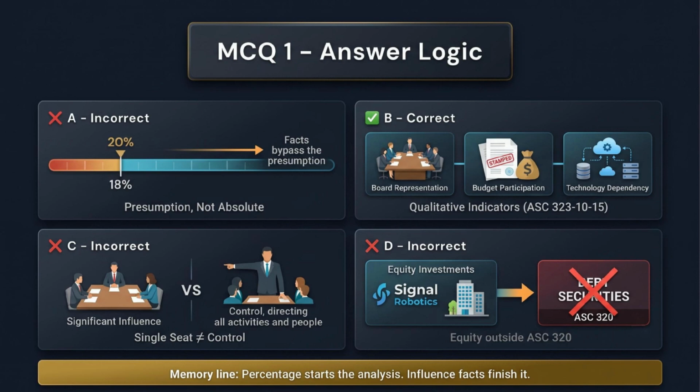Option C is wrong because a single board seat does not equal control under ASC 810. Option D is wrong because ASC 320 applies to debt securities, not this equity investment fact pattern. The lesson is clear. Percentage starts the analysis, influence facts finish it.